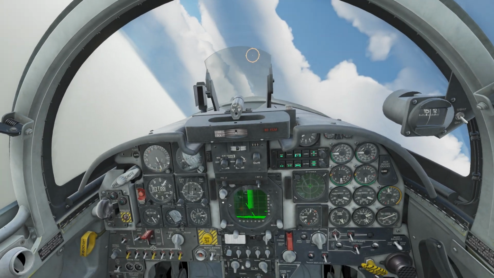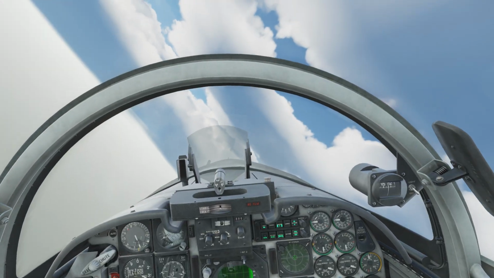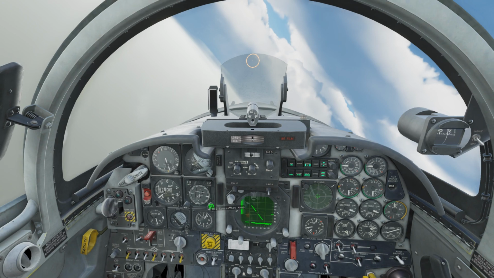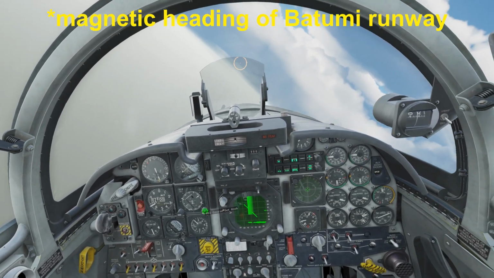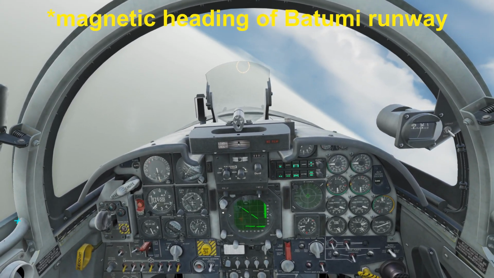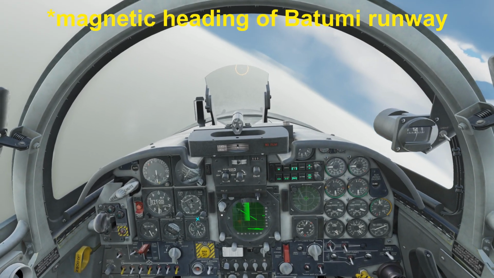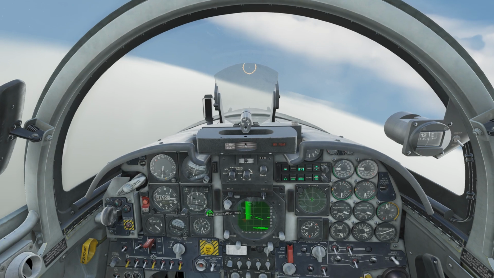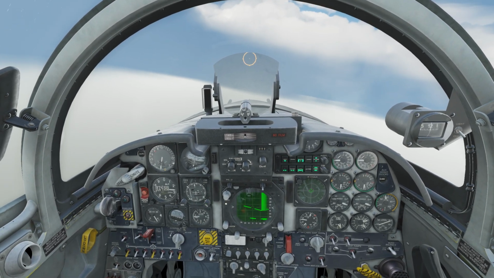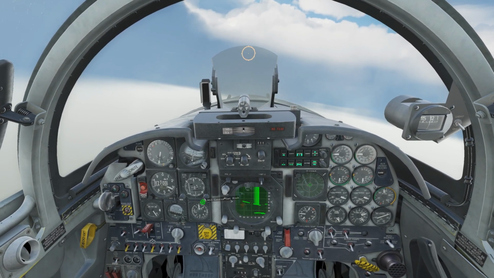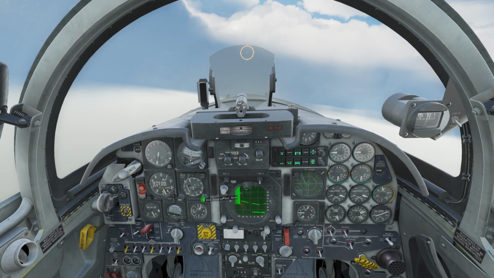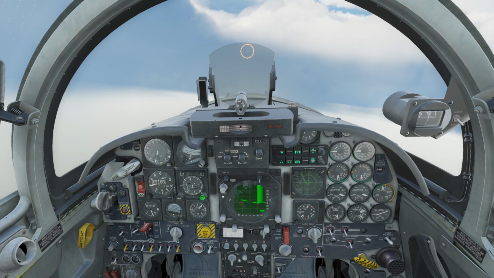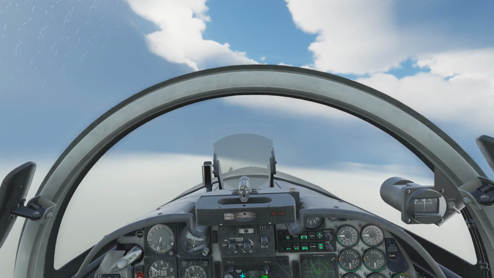Alright, so let's go land. Now we've accomplished that portion of the mission. I'm going to set the course indicator to 126. That is the magnetic heading of the Batumi Airport. Alright.